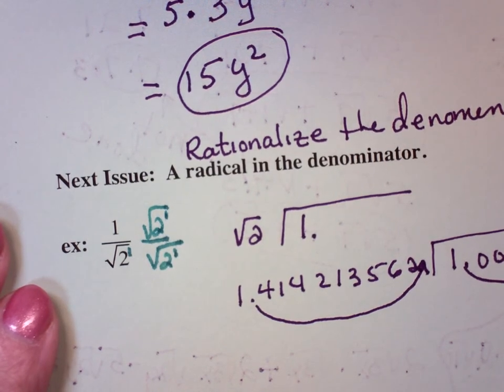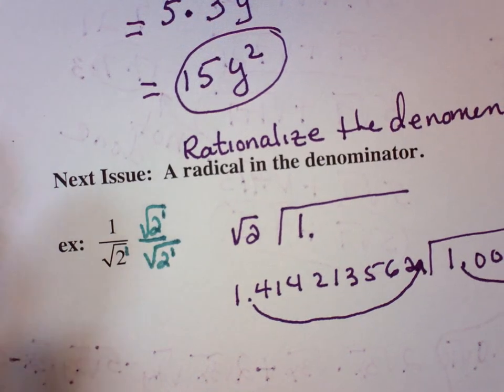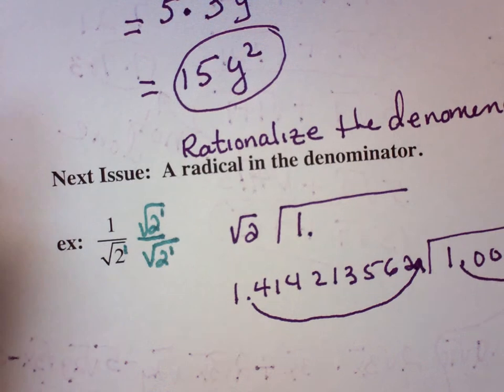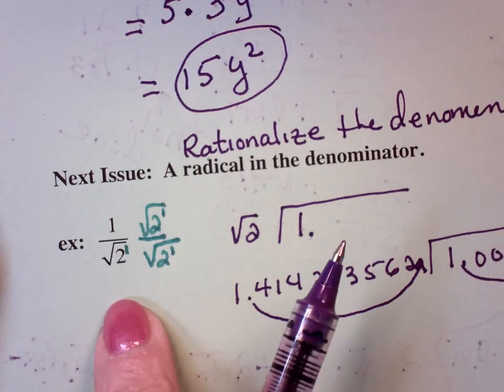I multiply a fraction by 1, and what does it do? It changes the appearance of the fraction, but not the value. I take 1/2 and multiply it by 3 over 3. I get 3 over 6. It's still 1/2, but in a different form. This is still 1 over the square root of 2, but in a different form.